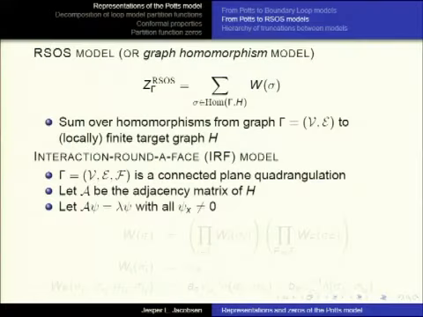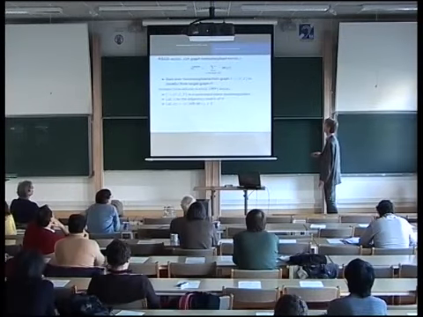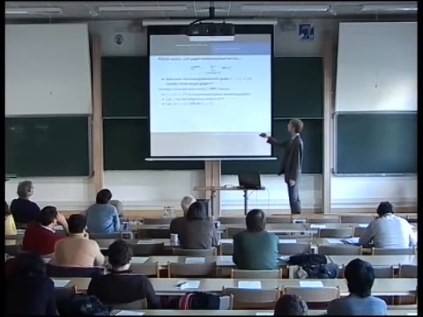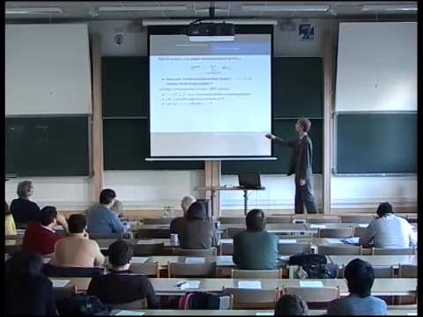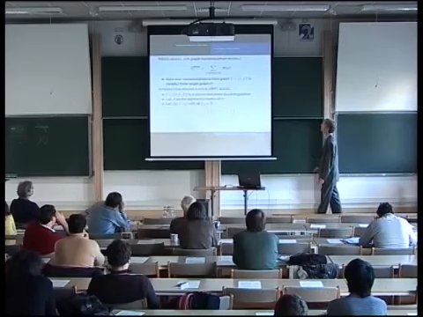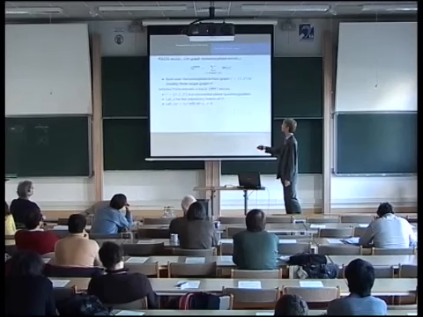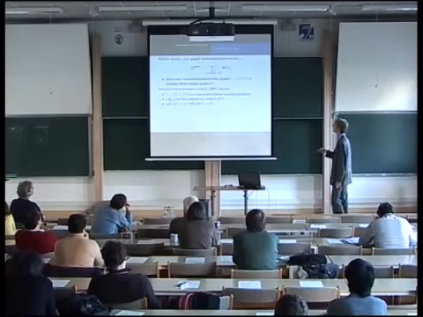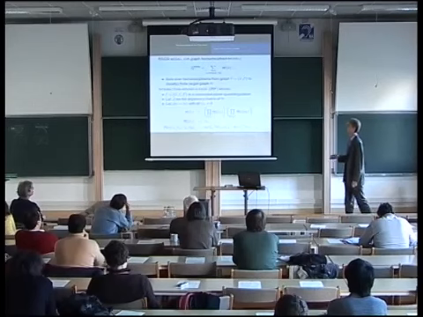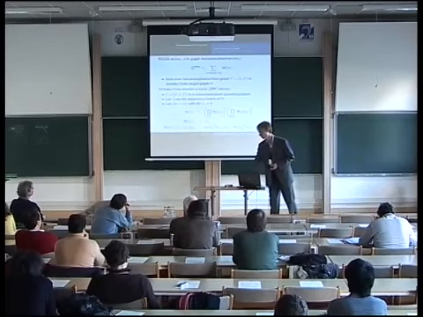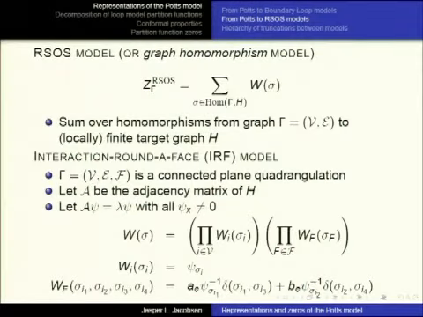Okay, so I've explained what my target graph is. The adjacency matrix is given. Now let psi be just any old eigenvector that you can find for that adjacency matrix, so that all entries are non-zero. So the entries are then indexed by the vertices of the target graph. And now I'm going to define a very particular RSOS model which has the following weights.